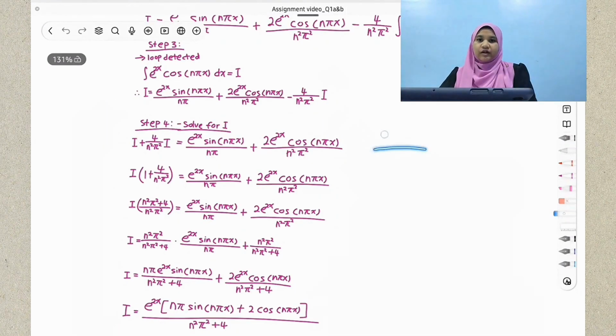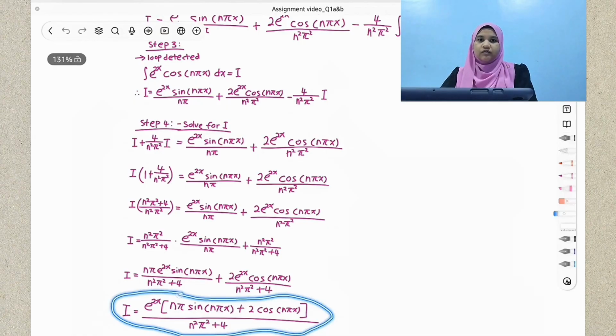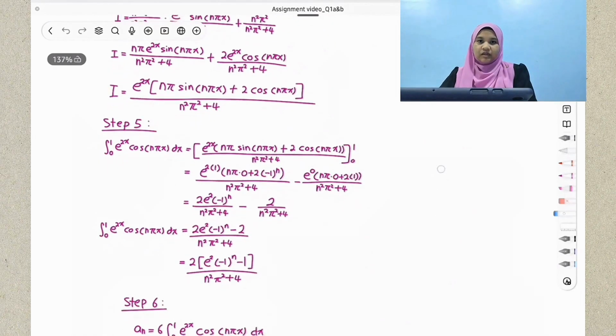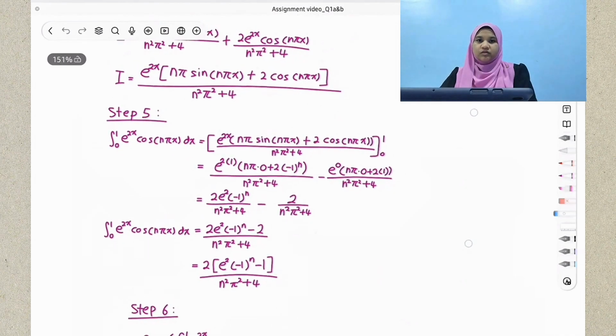We solve for I, giving us e to the power of 2x, open bracket, n pi sine n pi x plus 2 cosine n pi x, close bracket, over n squared pi squared plus 4.